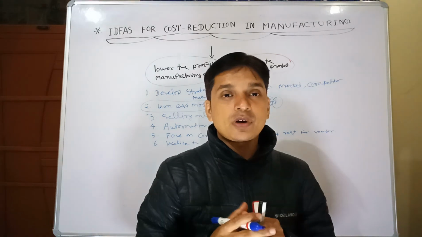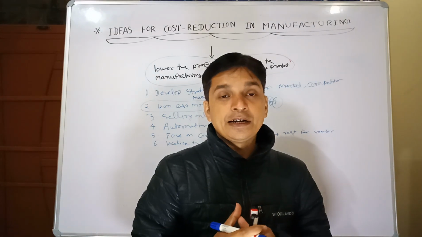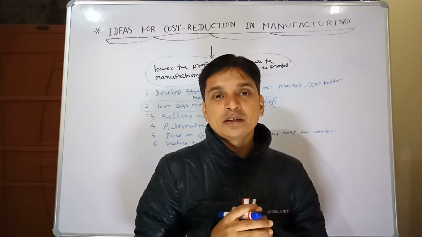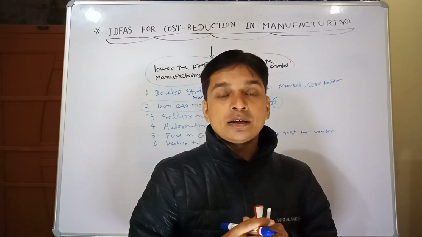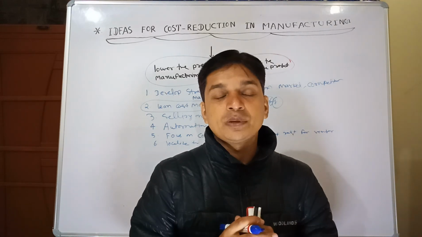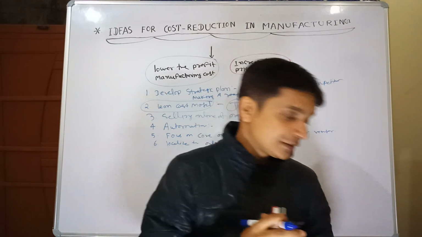If you are buying products from outside the country, it will increase the cost of the product. If you localize the product in India, it will be very helpful and it will reduce the price. That is very important.